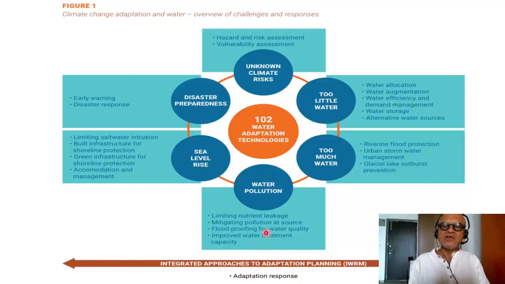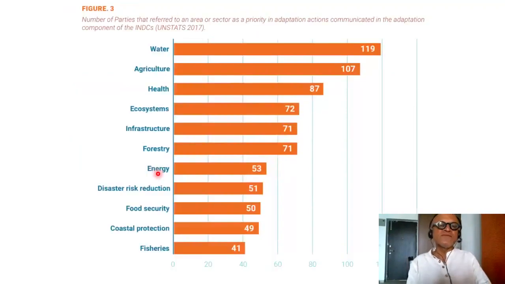So water quality gets greatly affected by floods and results quickly in health issues, and of course that's part of the adaptation. Limiting water intrusion, so sea level rise, limiting water intrusion, built infrastructure for shoreline protection, green infrastructure for shoreline protection, accommodation and management. So we'll look at a table for each of these.